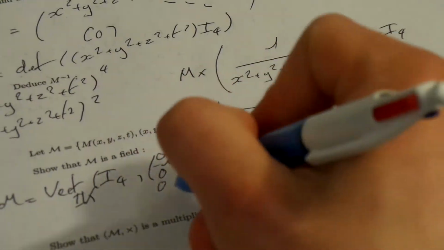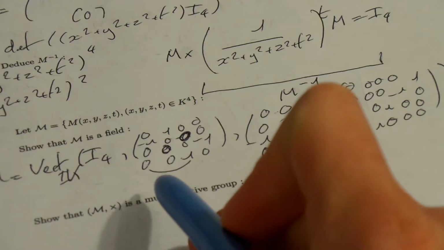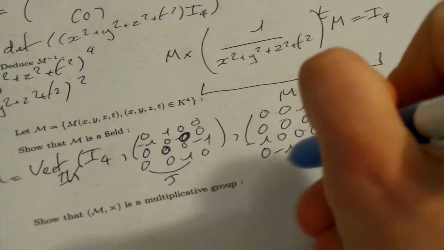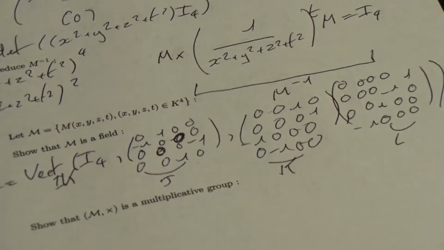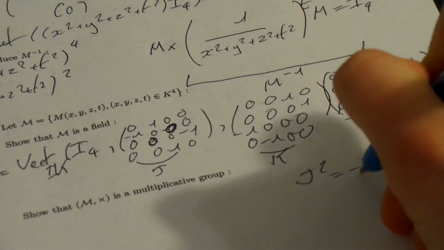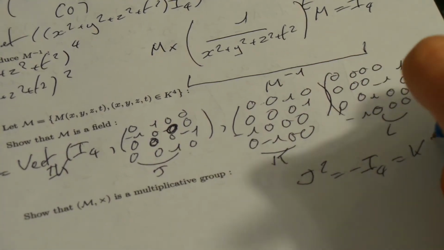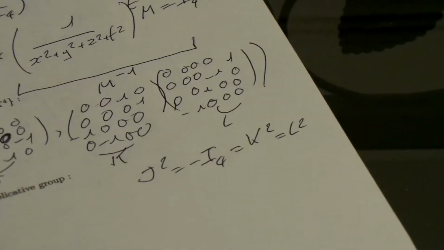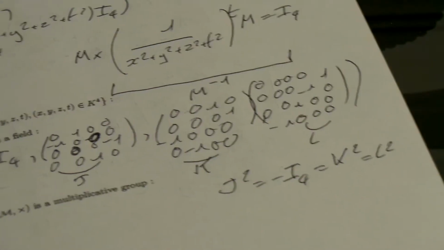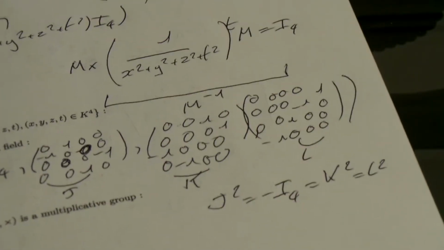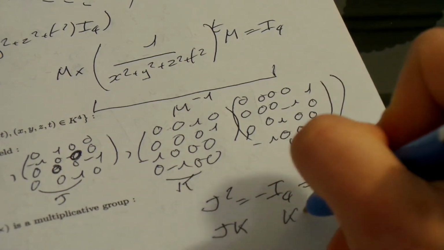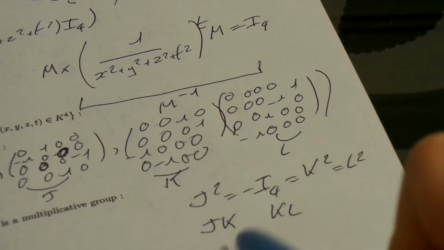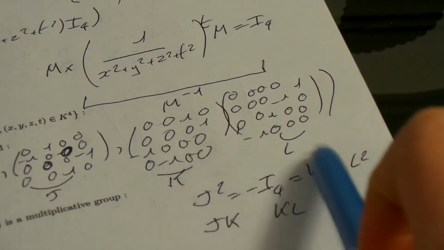So what I did is I named this matrix J, this matrix K, this one L, and I show that J squared is minus identity of 4, which is the same for K squared and L squared, right? And then I showed that JK and KL can also be written as combinations of J, K and L.